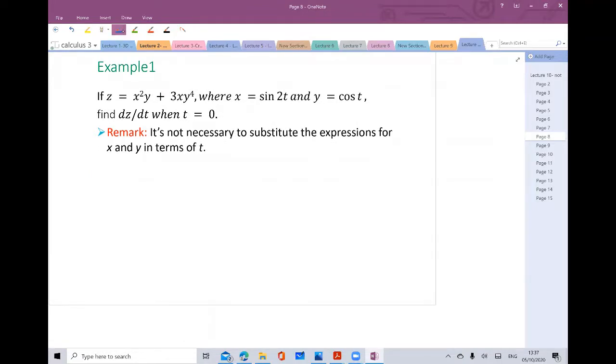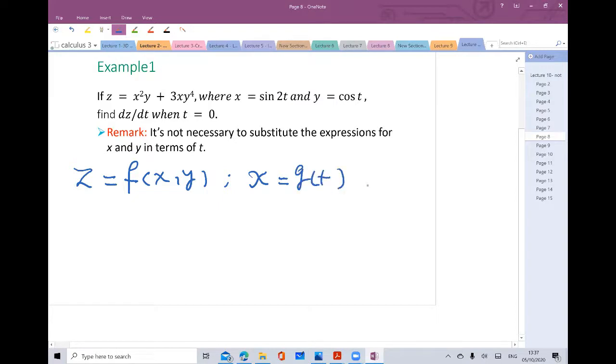In the first example, first of all, I need to observe the number of independent variables in the function. Now, z is a function of x and y, so I know that I have a function z of two variables x and y. Now I need to look at x and y. This is a composite function in which x is also a function of t.